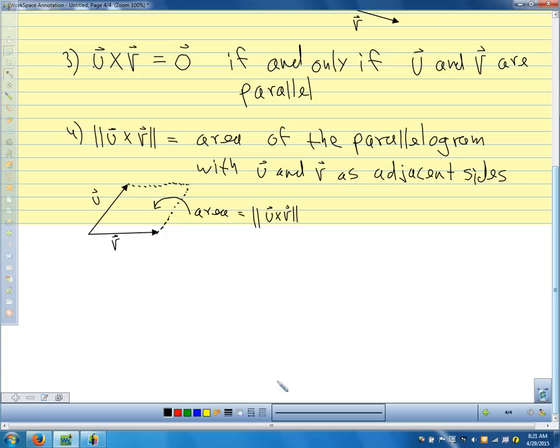And then just so you know, we're not going to do very much with it, but we did mention the scalar triple product. So I'm going to say u dot v cross w, and I'm going to say the absolute value of this because we want it to be positive, equals the volume of the box.